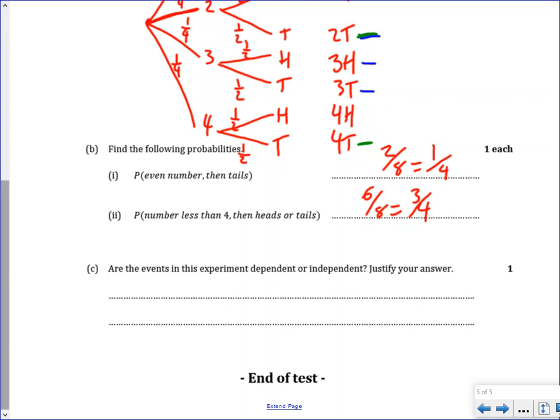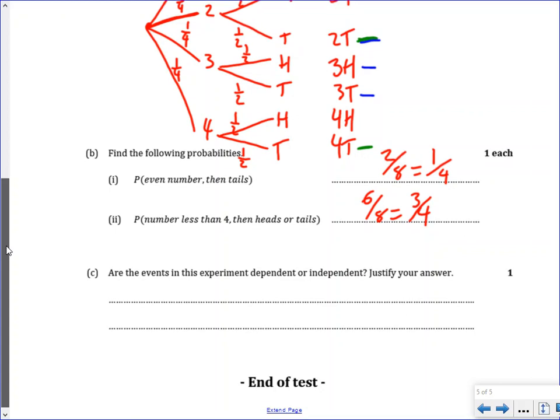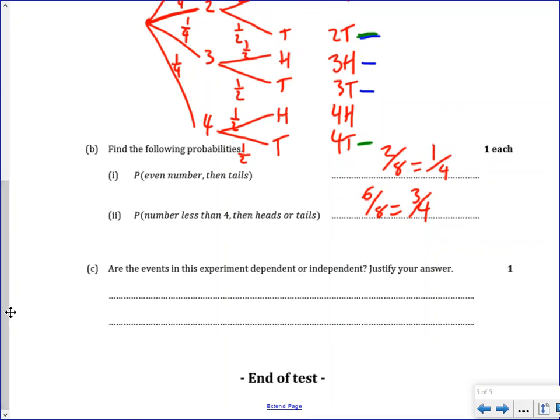And lastly, are the events in this experiment dependent or independent, and justify your answer? If we look back at this tree diagram, no matter what happened in that first stage, rolling 1, 2, 3, or 4, the second stage is still heads or tails, heads or tails, heads or tails, heads or tails. Also note that the probabilities aren't changing at all either, they're all 1 over 2. Because there's no change depending on what happens in the first one, they are independent.